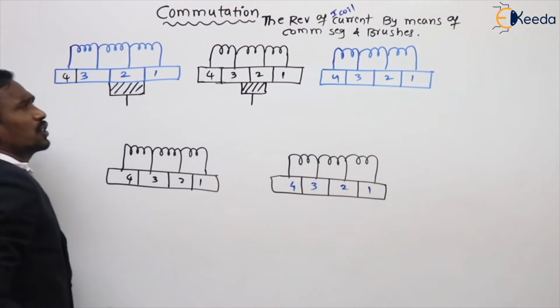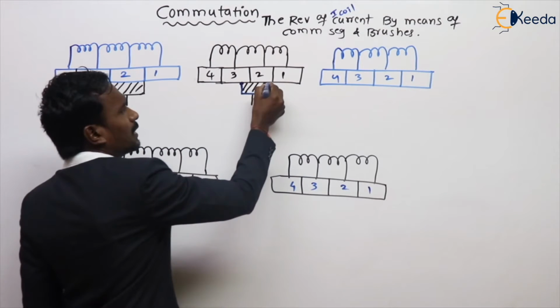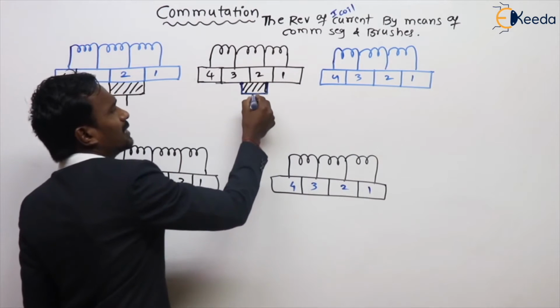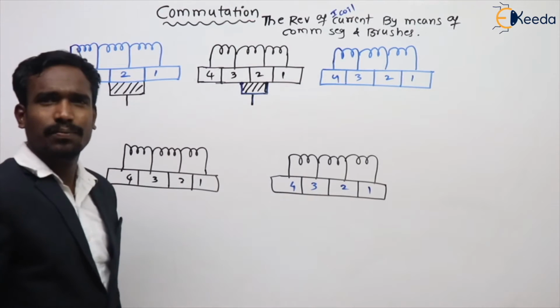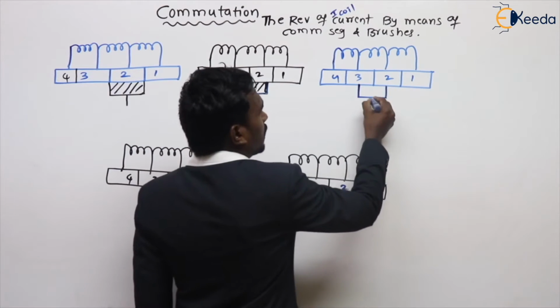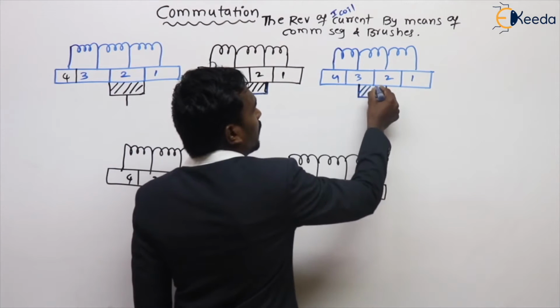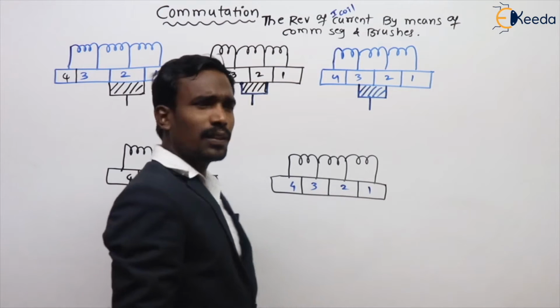In this brush position, observe here: 75% is attached with the second segment and 25% with the third segment. Next, after some time, 50% with the second and 50% with the third.